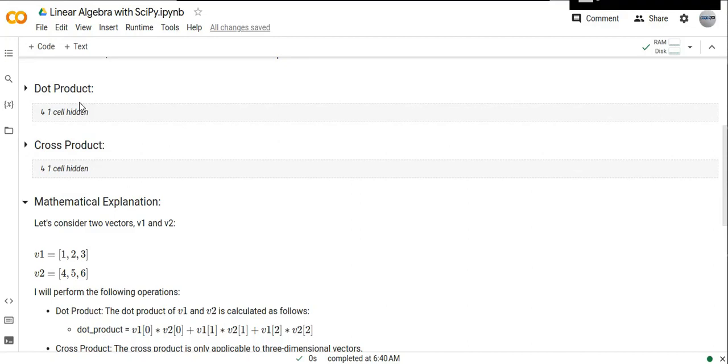And the second one I am going to implement is the cross product. The cross product, known as the vector product, is specific to three-dimensional vectors.